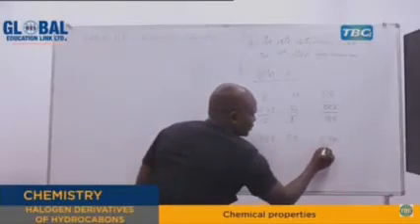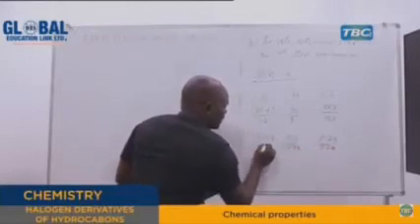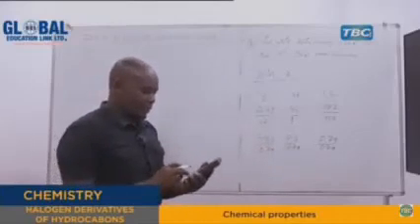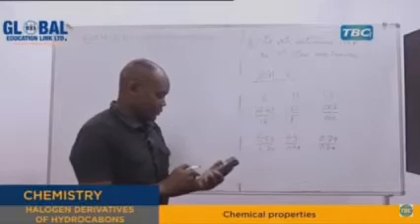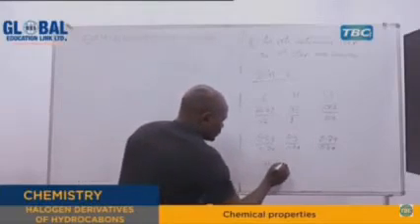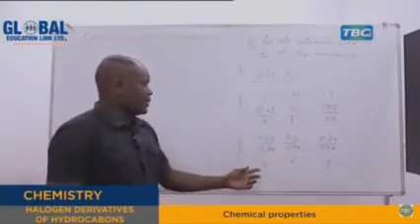Now we divide by the smallest value, which is 0.79. So here we divide by 0.79, here by 0.79, and here by 0.79. After dividing using your calculator, 5.53 divided by 0.79 gives 7. So here it will also be 7, and this will be 1. What does this mean?